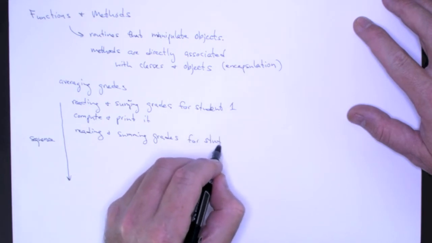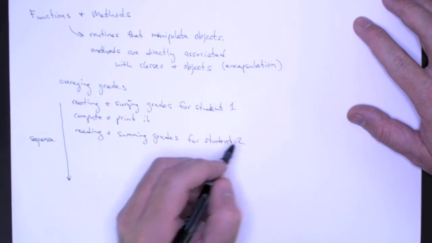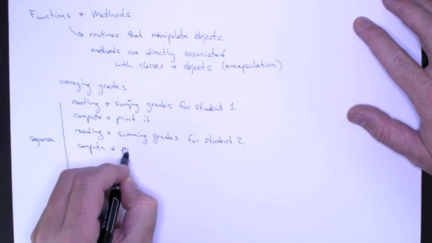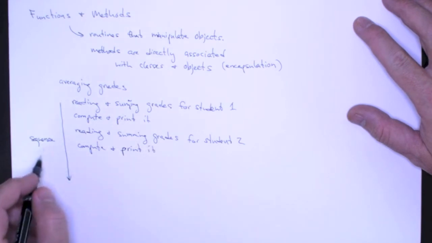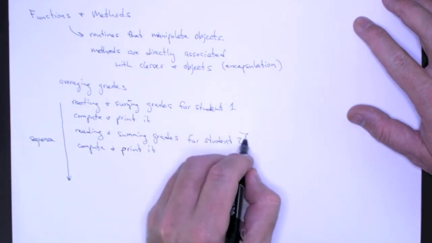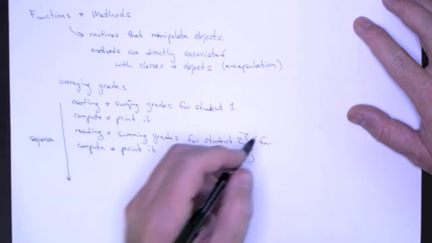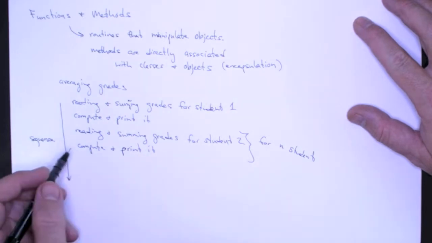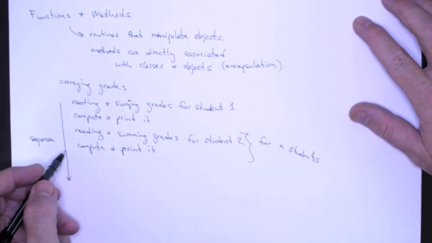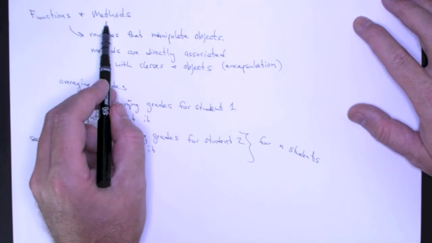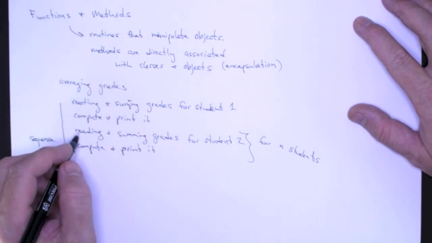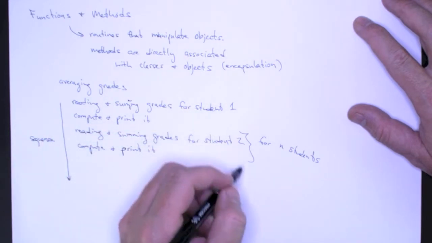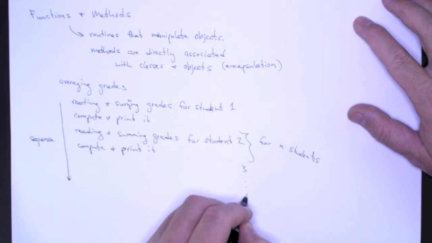In fact, I'm just writing the same sequence of statements over and over and over, for however many students I have, for n students. But it's really the same thing. The operation is exactly the same for each student, for student 1, for student 3, and so on and so forth.